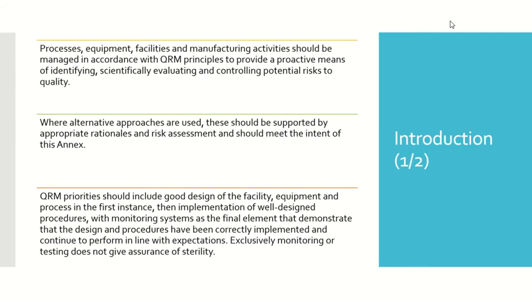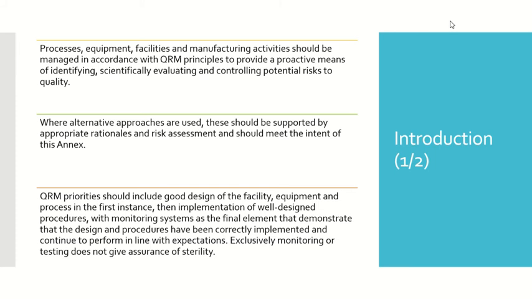QRM priorities should include good design of the facility, equipment, and process in the first instance. So it's not that you'll be looking for some loopholes and fixing after getting something done. Make the design robust, so the chances of failure in future will be minimized. Then implement a well designed procedure for how to drive your process, and monitor your system.